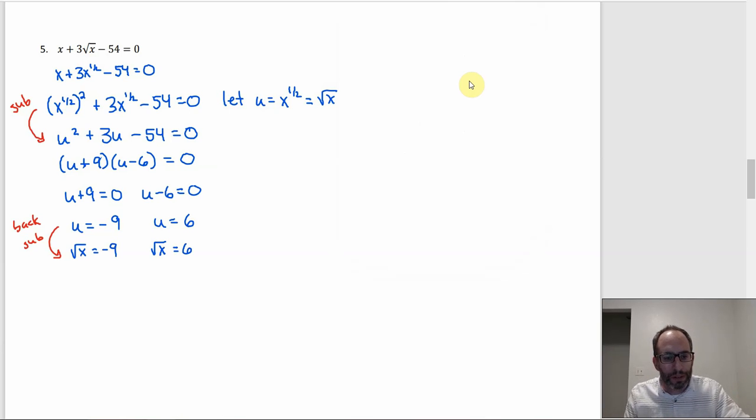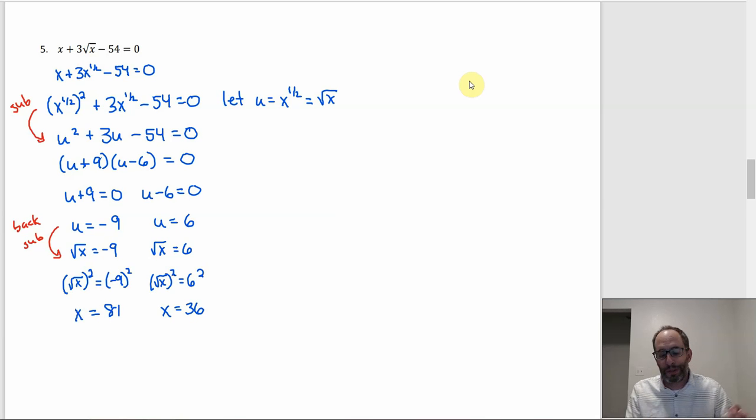It seems pretty logical. So if we do that, we'll get the square root of x squared equals negative 9 squared. And then over here, we'll have the square root of x squared equals 6 squared. So in the first one, we're going to get that x is 81. In the second one, we're going to get that x is 36, right? Just from squaring 6 and then squaring negative 9.